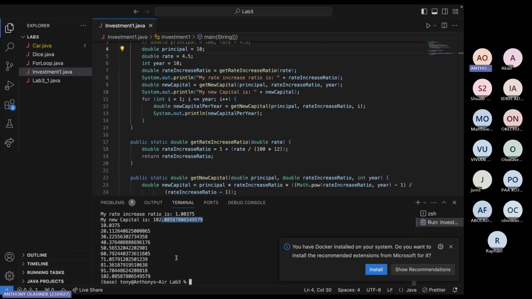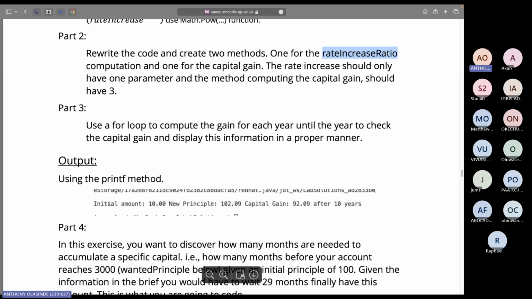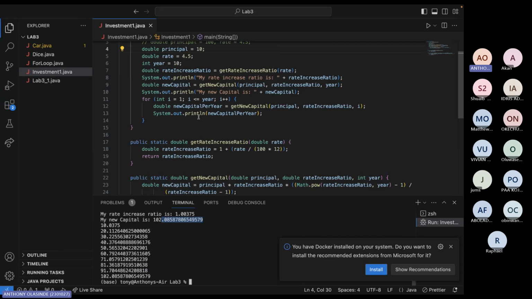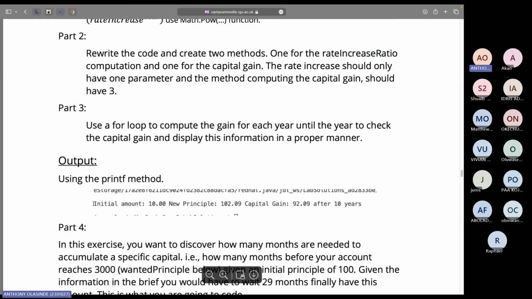So you can see this. So let's do the same thing it did. Initial amount, that's our principal, is 10. So let's S out. I'll use printf because it's a bit long. Printf, I want to type the same thing you did here. I can't copy, so I'll just type it out.